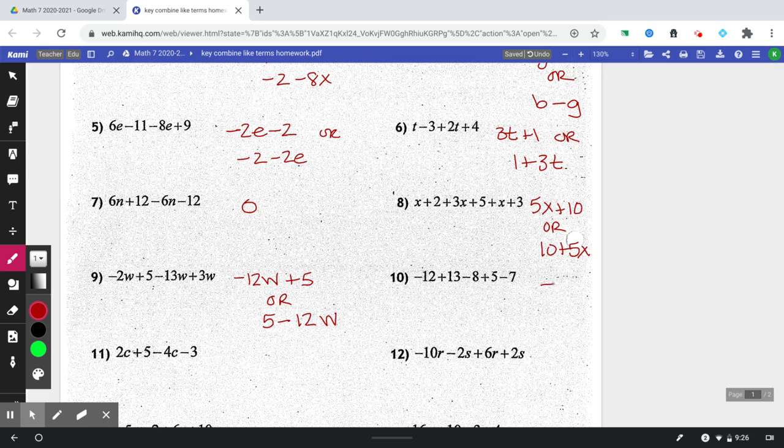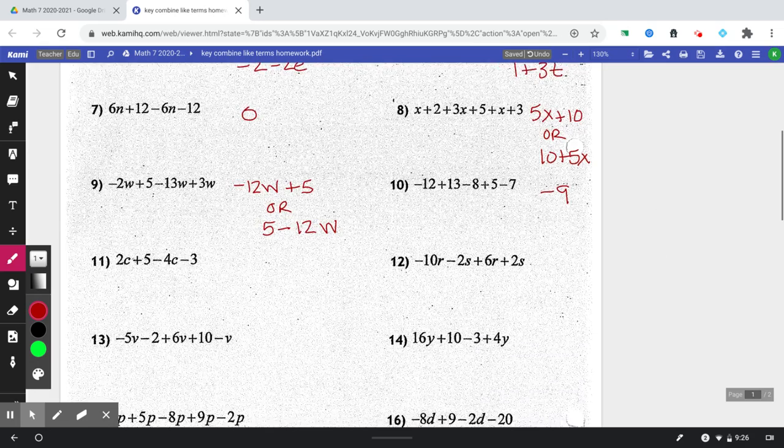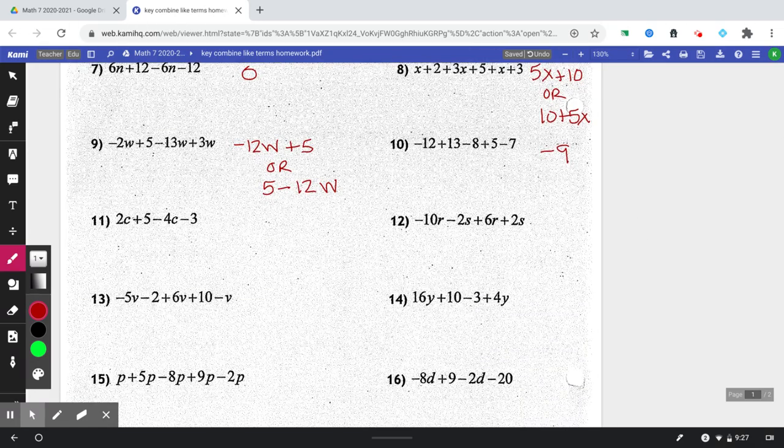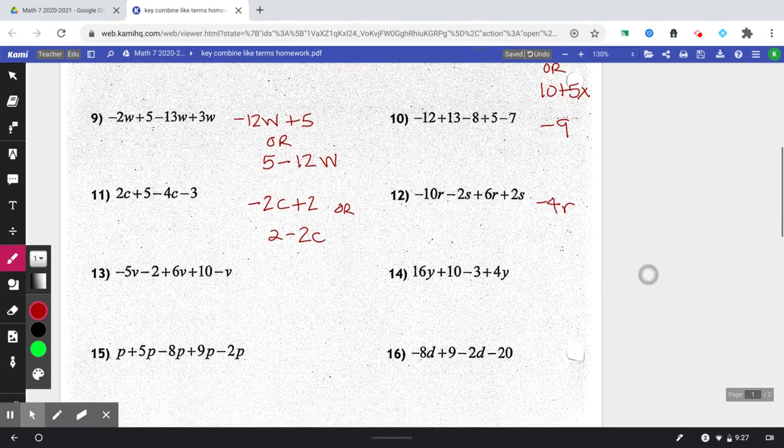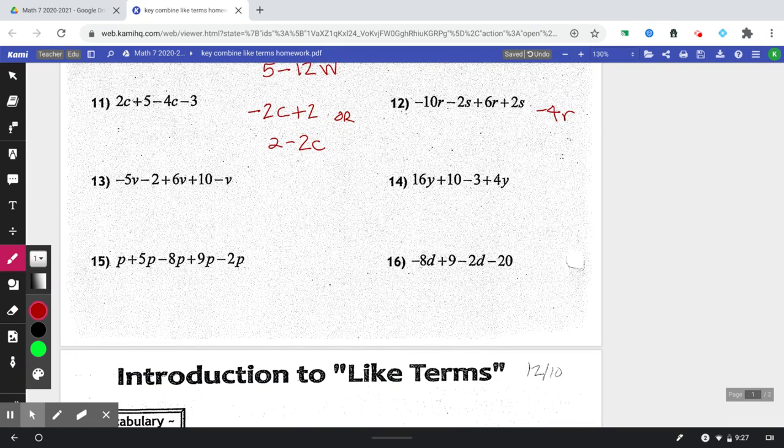Number 10, negative 9. Number 11, negative 2c plus 2, or 2 minus 2c. Number 12, negative 4s, negative 4r. 13 is 8.